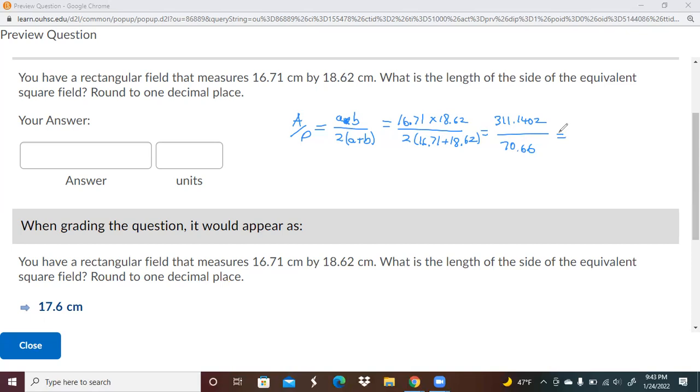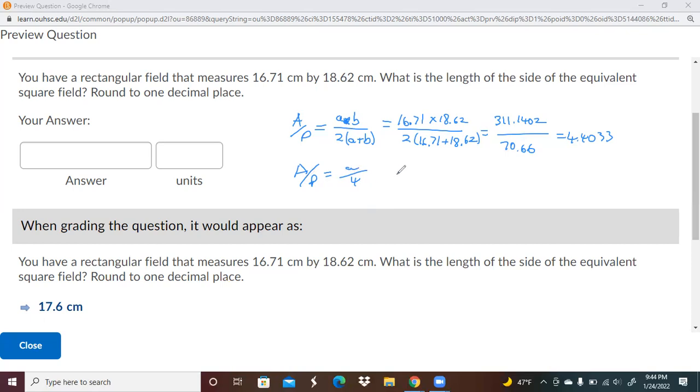So that ratio ends up becoming 4.4033. Now, what do I do with that? Well, remember that other formula that we had: length of the side divided by 4. I've got this ratio, figured out right here.